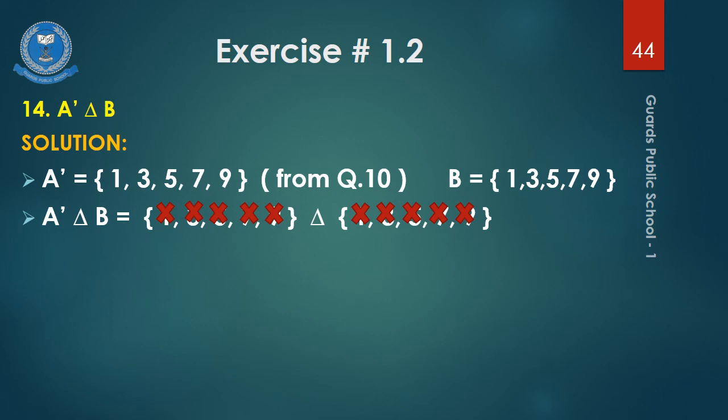Therefore, A complement symmetric difference B is equal to a null set, because there are no non-common members between these two sets. Finally, I am writing in the answer A complement symmetric difference B is equal to the symbol for the null set, and it is the required answer.